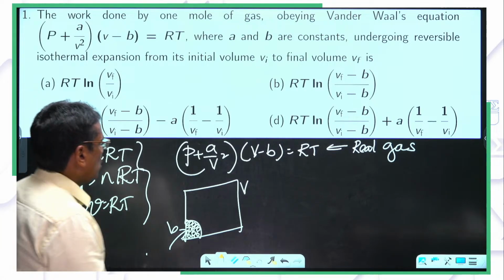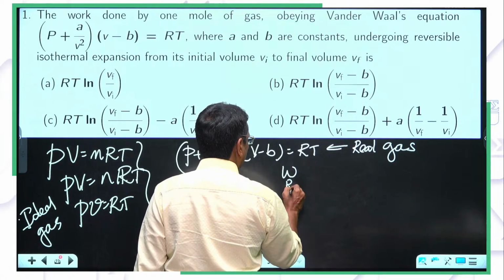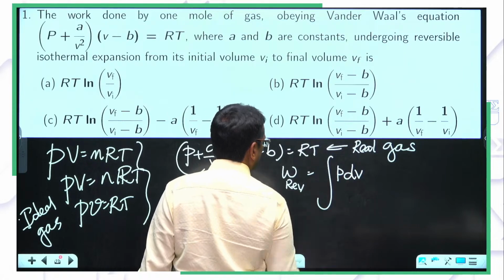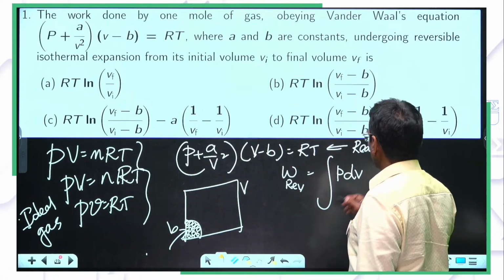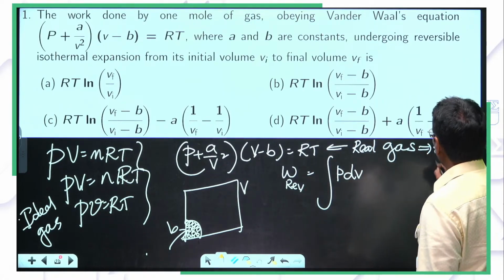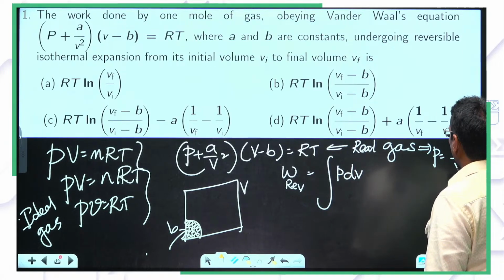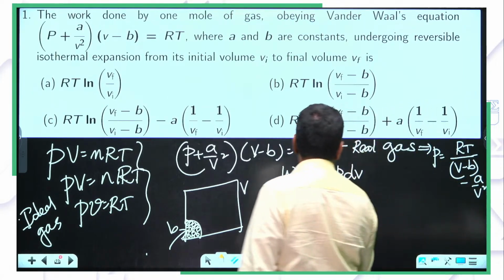The process is reversible, therefore for any reversible process the work is the integral of PdV. From this equation, P is equal to RT divided by (V − b) minus a by V square, right? I substitute that.